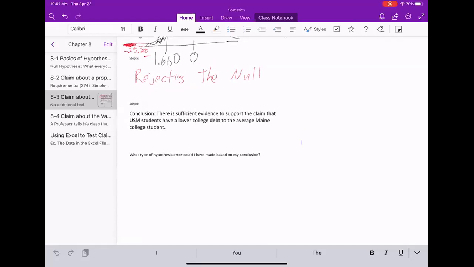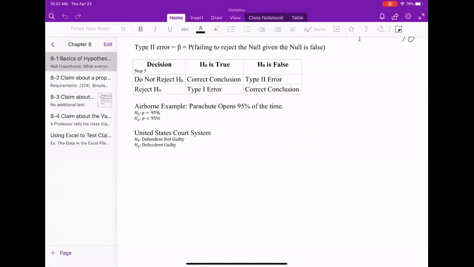Now, we won't know if we truly made an error unless we actually talk to every single USM student, right? So what type of statistical error could we have made? Type 1 or type 2? So remember, we reject the null was our decision, right? So we go back to our chart. We reject the null, so we are in the bottom row.